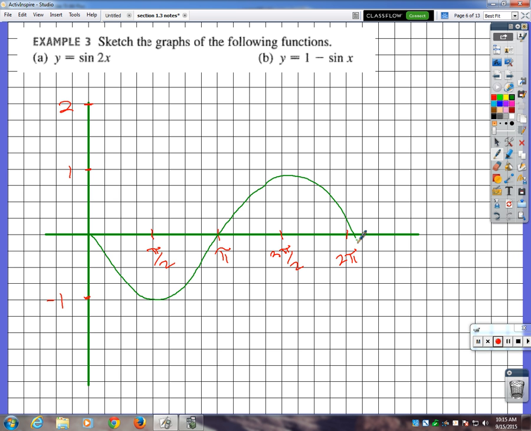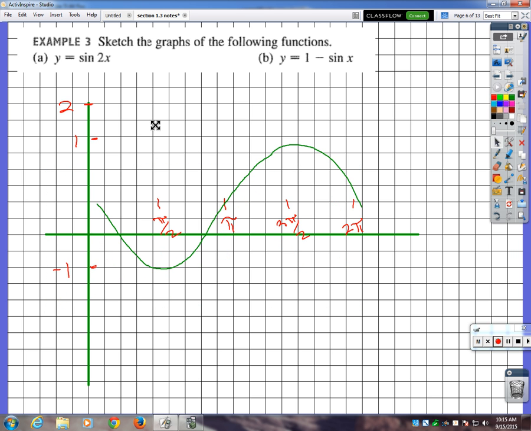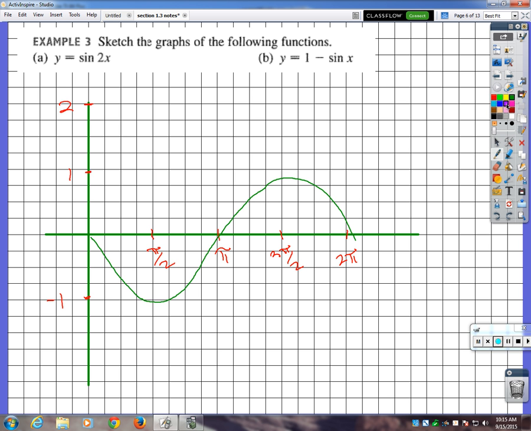Because now when I take this and move it up 1, because there's a plus 1, on the drawing the zero goes up to one, the negative one goes up to zero, this zero goes back up to one, but then this one goes to two.